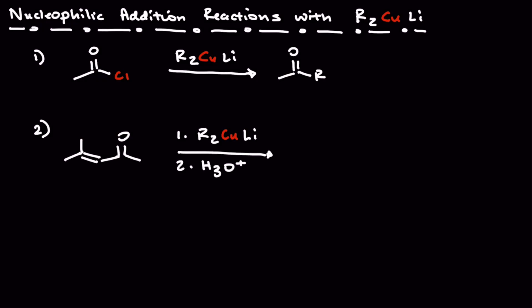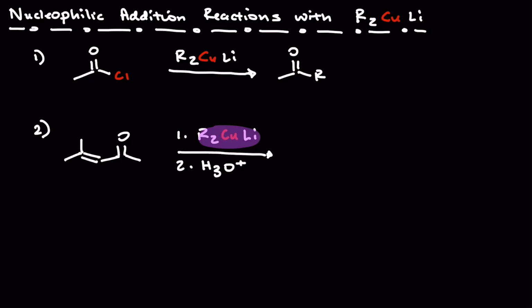We also know that if you have an alpha beta unsaturated ketone or aldehyde, such as what we have right here, and we treat this molecule with a lithium dialkylcuprate, the lithium dialkylcuprate actually serves as a Michael donor.